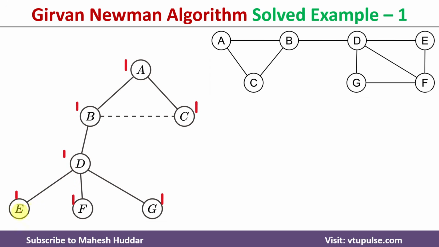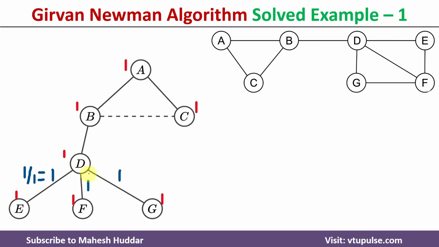So if E is a leaf node, the edge betweenness score will be weight of the parent divided by weight of the child. So it will be 1 divided by 1, which is equal to 1. And here both G and F are leaf nodes, so the edge betweenness score for edge DF and DG will be 1.